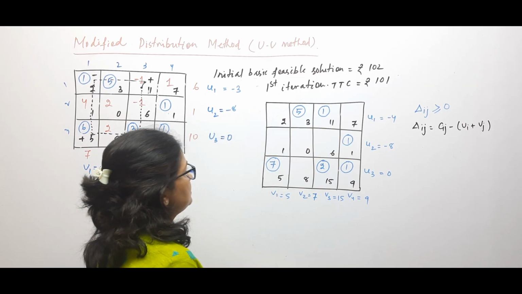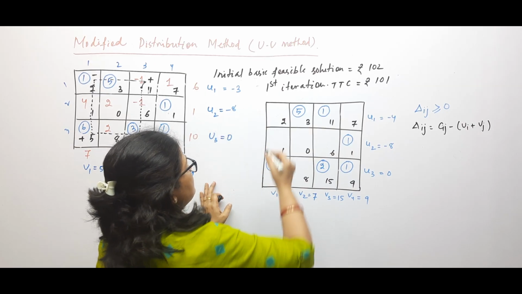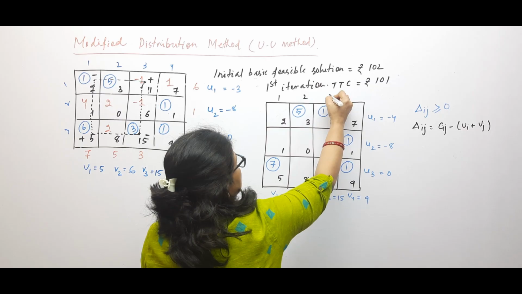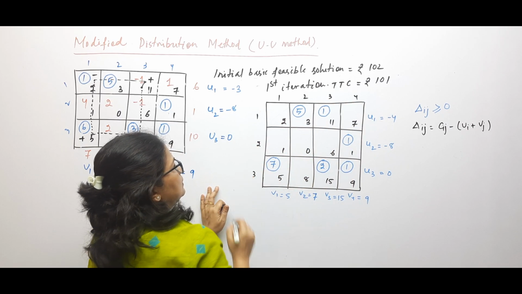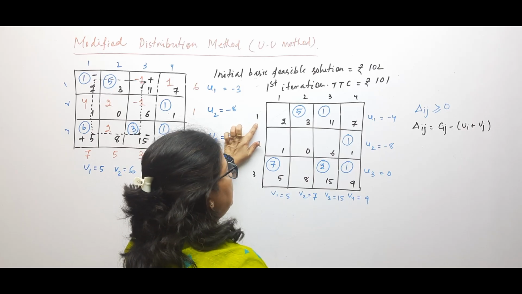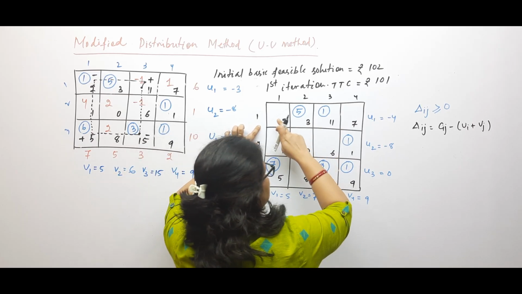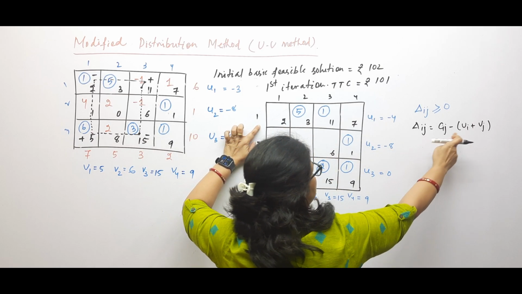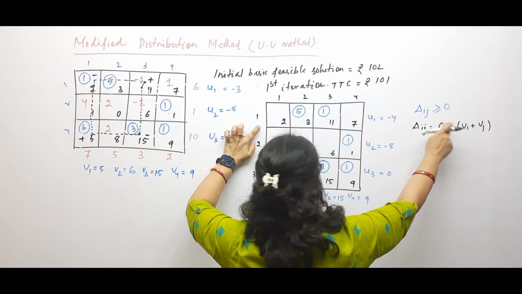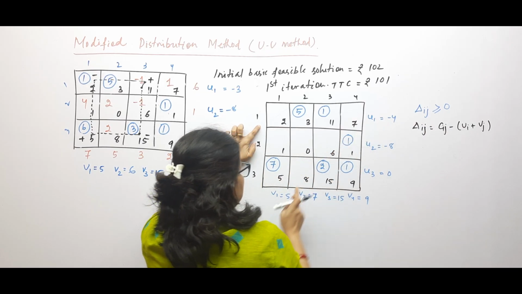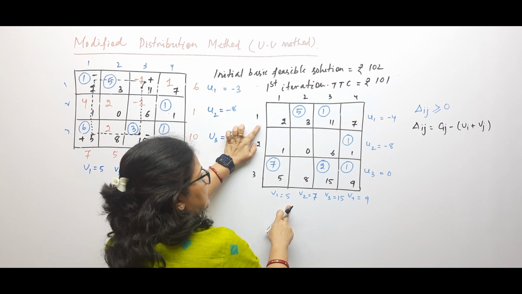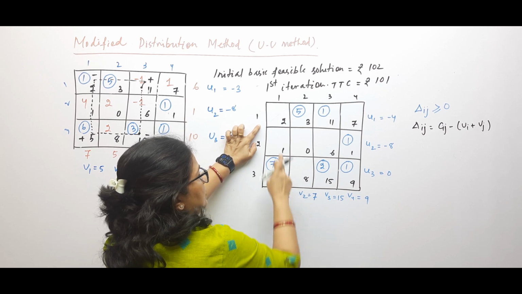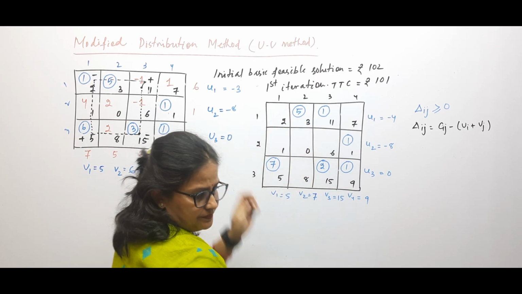So first for this one, this is 1, 2, 3, 4, 1, 2, 3. For this one, delta ij would be actually 2 minus, this is minus 4 plus 5. Minus 4 plus 5 is 1. 2 minus 1 is 1.